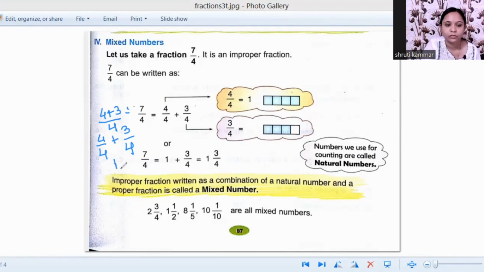Okay. 1 plus 3 by 4. It's 1 and 3/4. An improper fraction written as a combination of a natural number and a proper fraction is called a mixed number. These are examples.